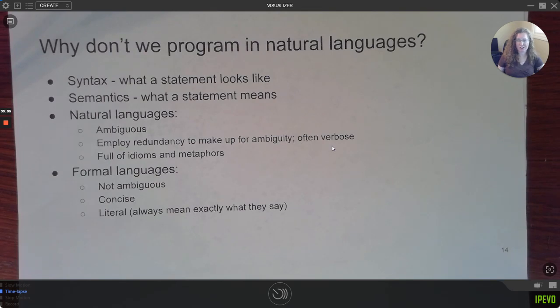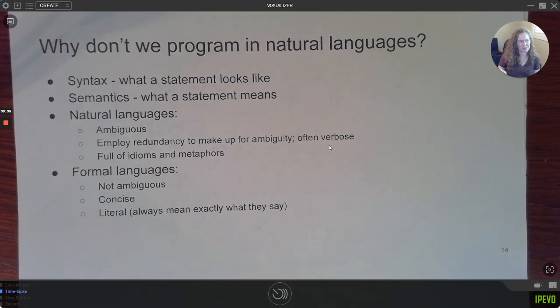The other thing that causes a lot of trouble is idioms and metaphors. I might say, oh, it's raining cats and dogs, and you know what that means, but it's very difficult for, say, the AIs you may have seen in YouTube videos that people are trying to train to understand natural language. It's very difficult for a robot to understand these kinds of idioms.